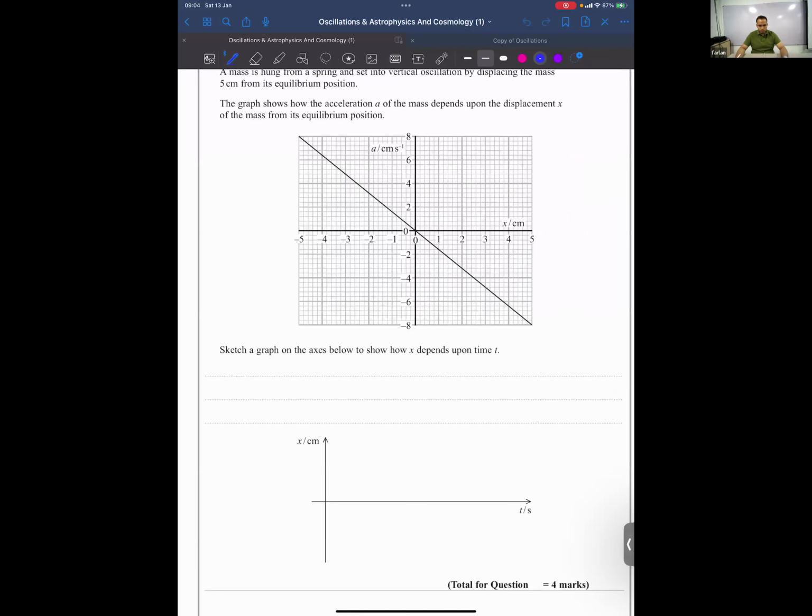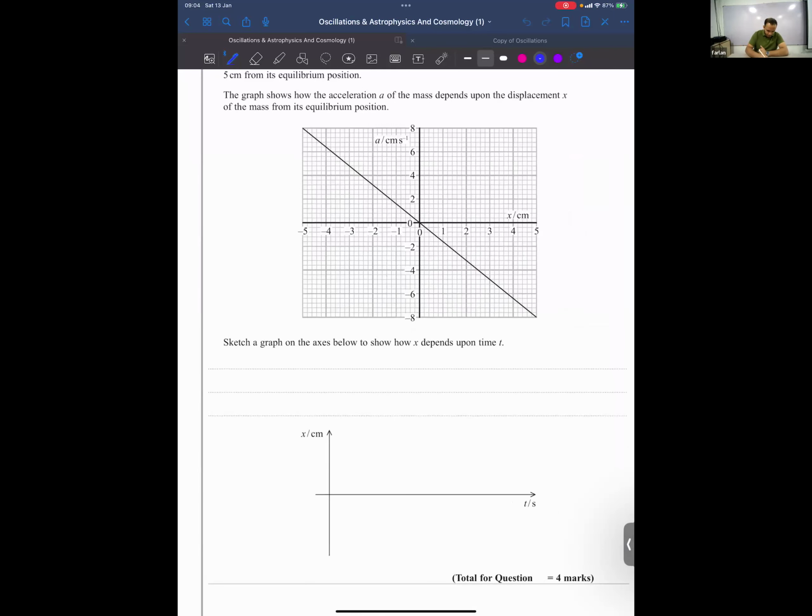So guys, it has to be a graph like this.